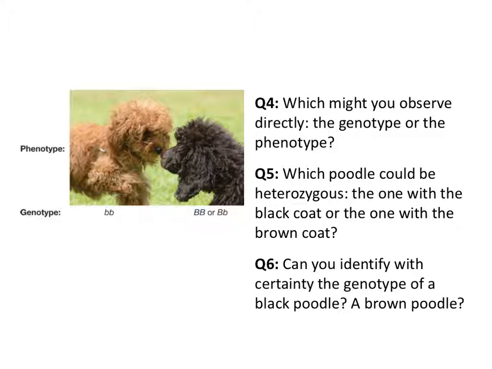Sorry. Which might you observe directly, the genotype or the phenotype? Can you see what genes these dogs have? No. You can only observe the phenotype. You don't even know what the basis is for their color.